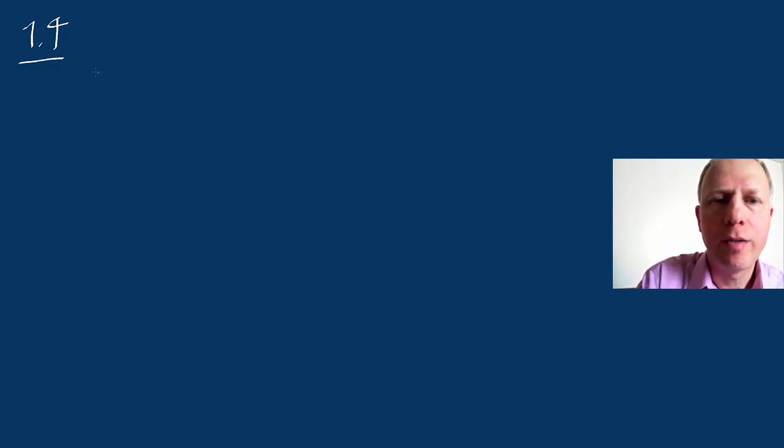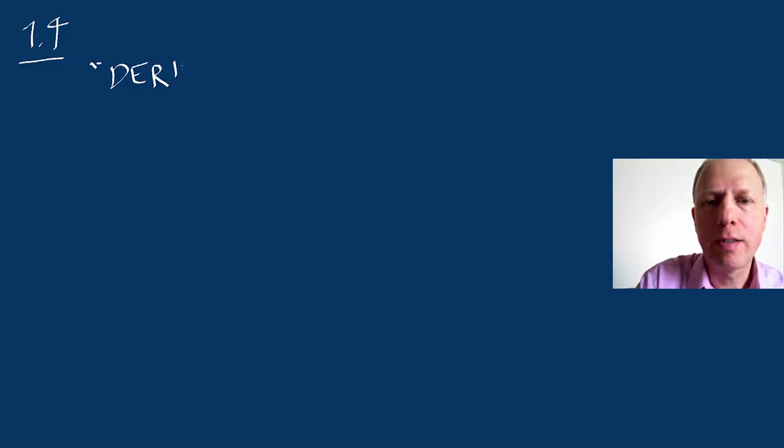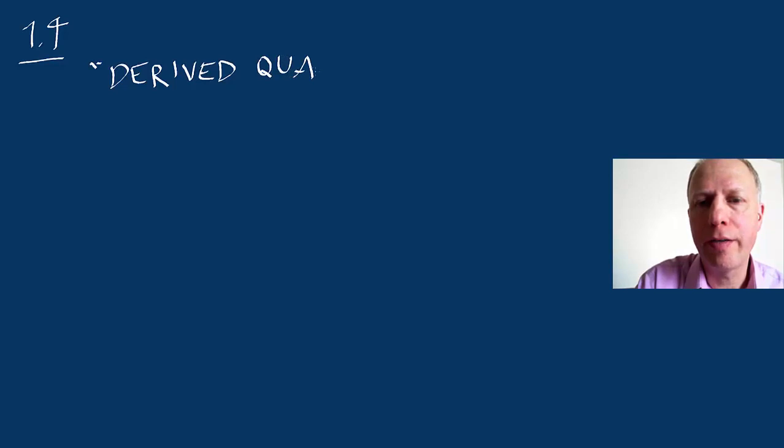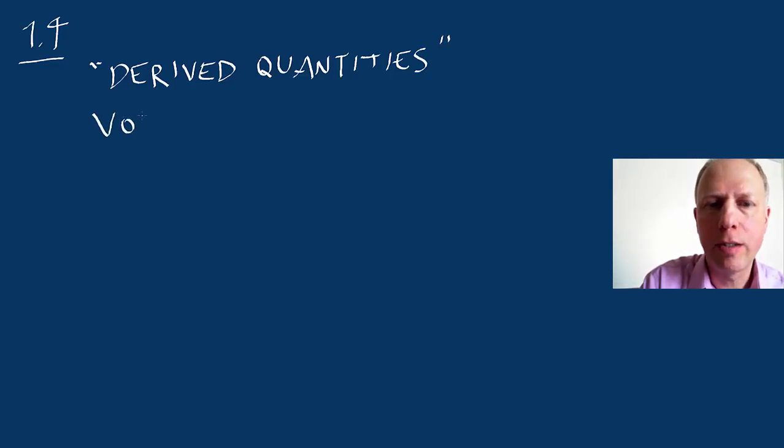Let's go to section 1.4. It's about unit consistency and unit conversions. So as I mentioned before, from the base quantities, we can create so-called derived quantities, like volume.